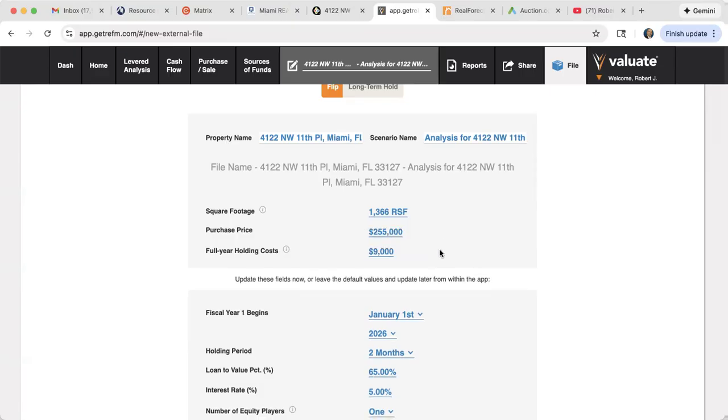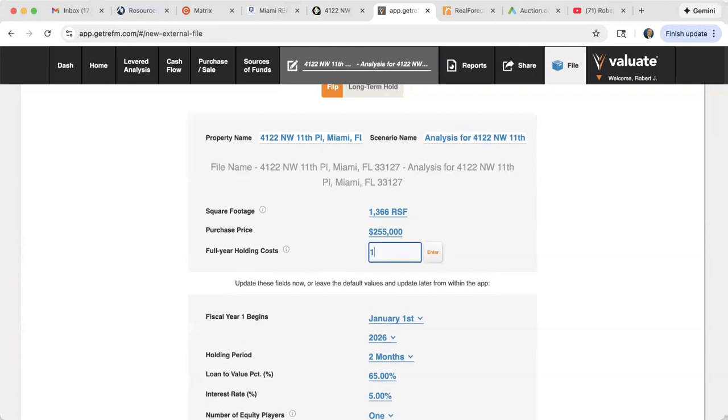And then how about running utilities? You want to have running water and running electricity, right? Obviously, you don't need cable, internet, none of that stuff, right? So running water, running electricity. Let's say that we spend $200 a month in electricity and $50 a month in water. So 250 times 12, all right, it's going to be $3,000, right?